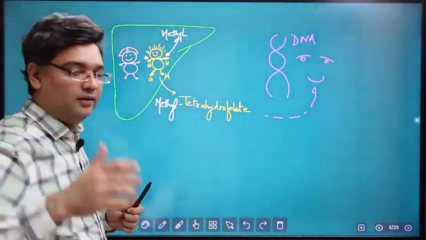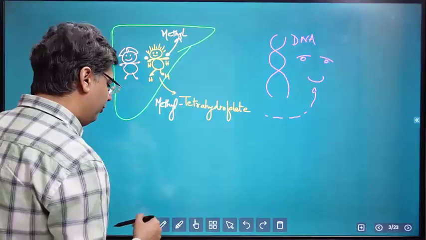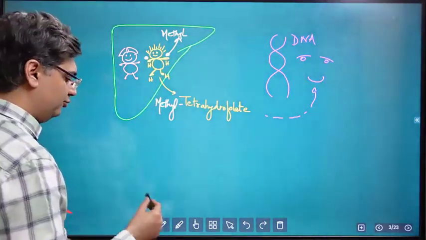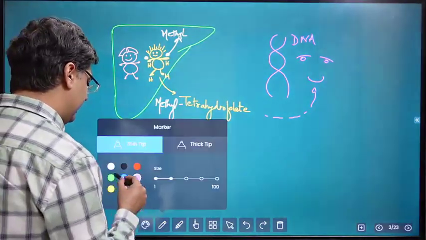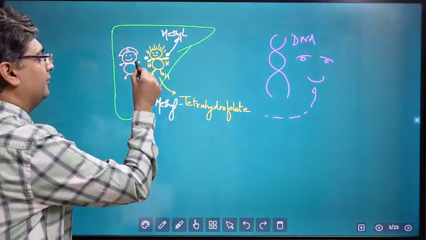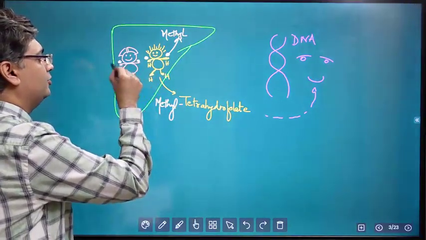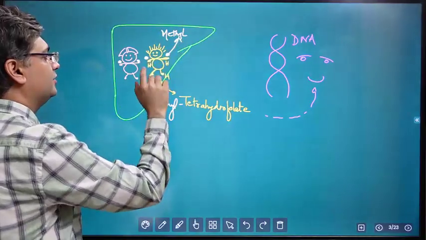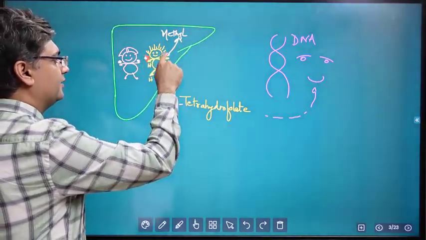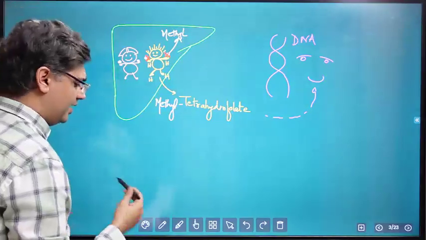Tetrahydrofolate says, yes sir, I am coming, at your service. So what does this tetrahydrofolate do? He would transfer the methyl groups onto madam. Now madam holds on to the methyl group and it is no more present here with the tetrahydrofolate.